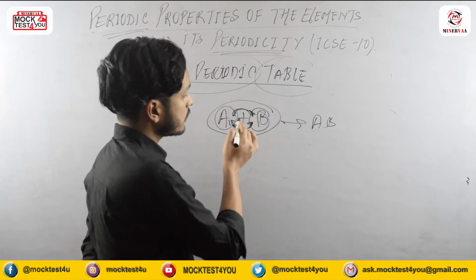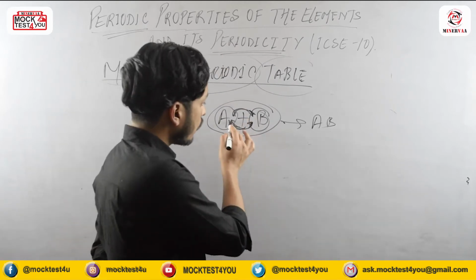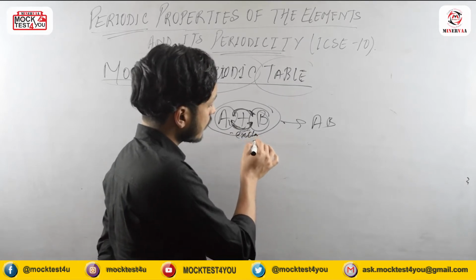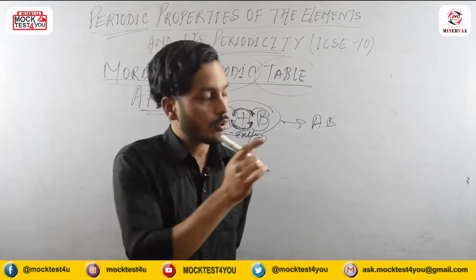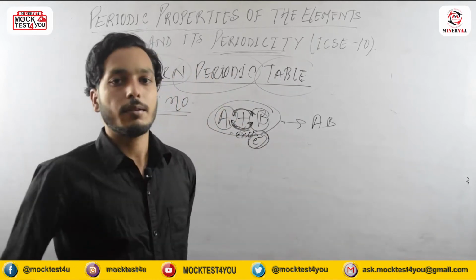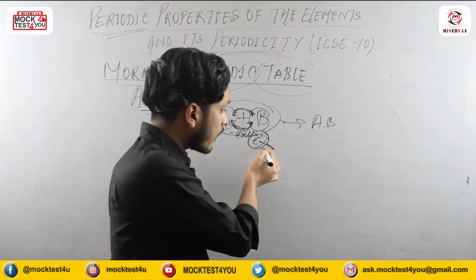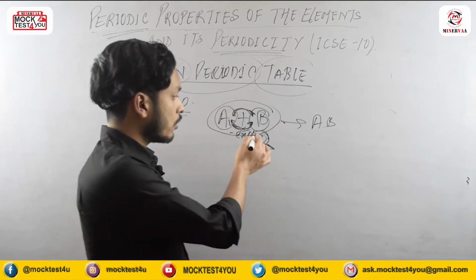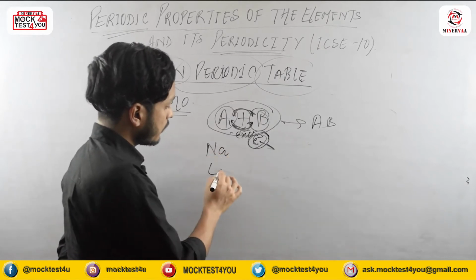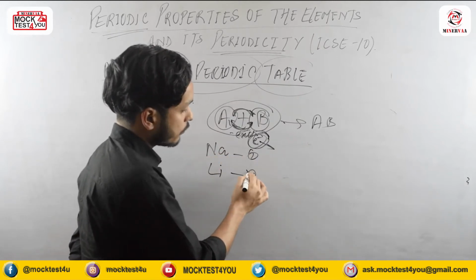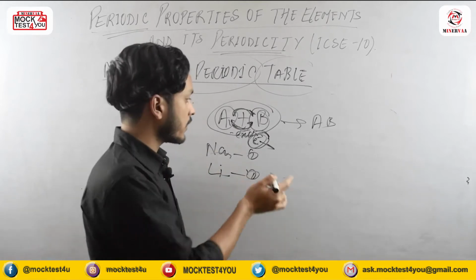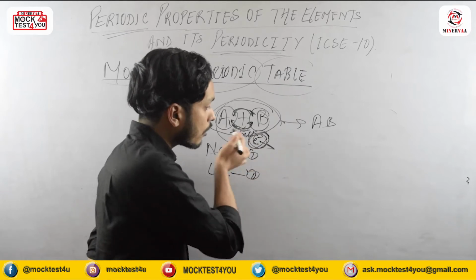With these processes there is an exchange of electrons. So we can conclude that the chemical properties of an element basically depend on these electrons. If you talk about sodium and lithium, you will see one electron in the outermost shell, so their properties are the same. So the chemical property generally depends on the number of electrons.